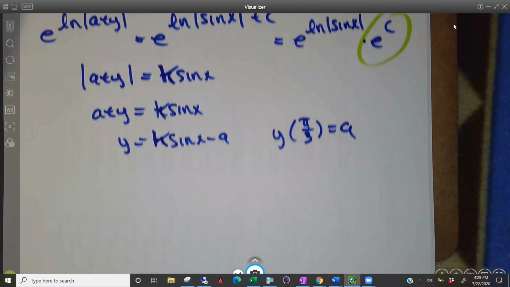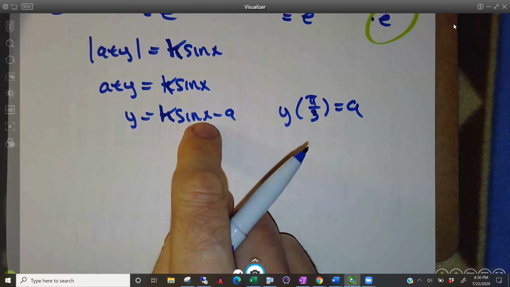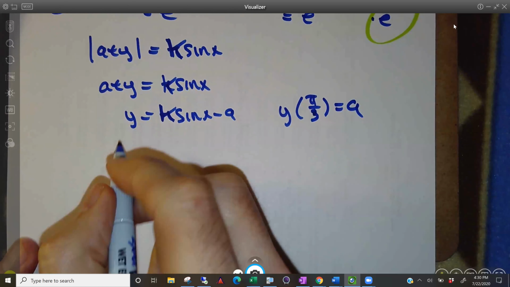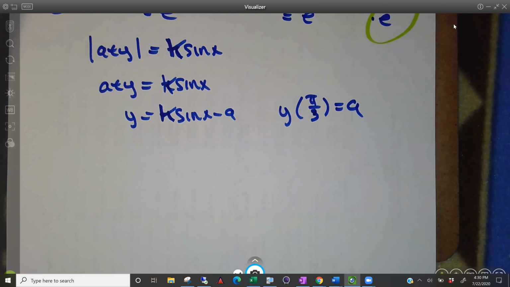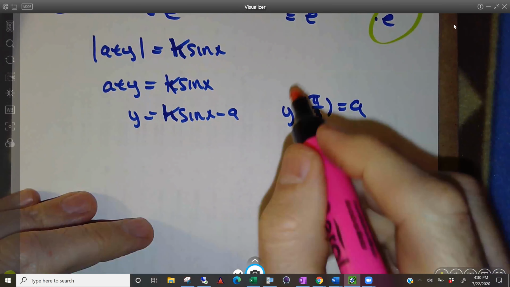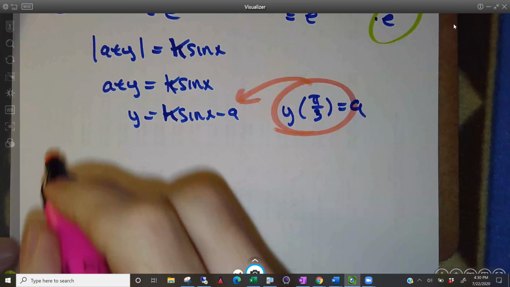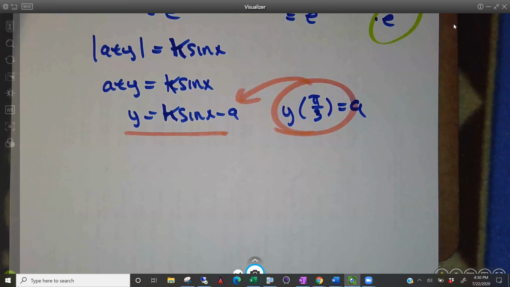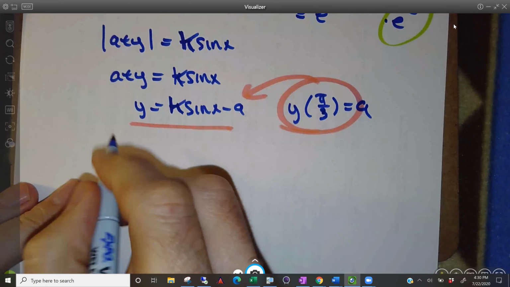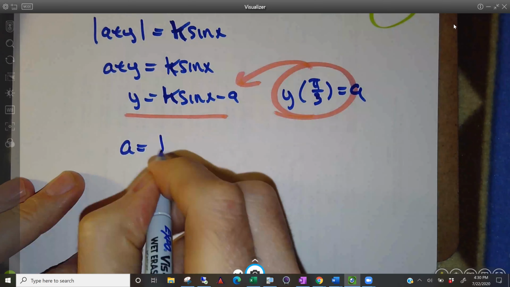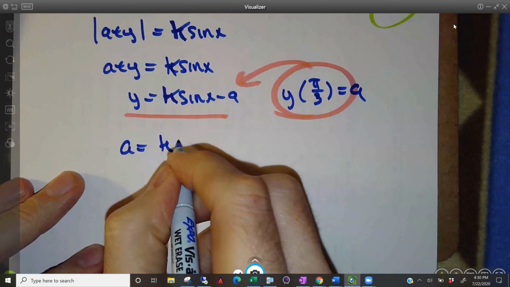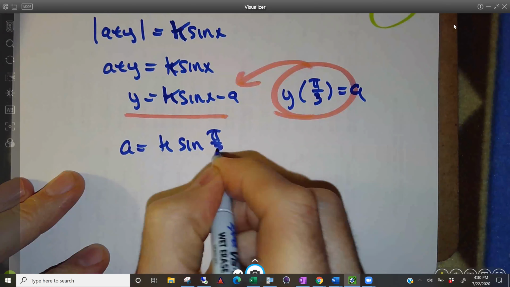So that means if I put in pi over 3 for x, I'll get a for y. So let's try that out. Plug this into here and see what we get. So it's going to be a equals k times sine of pi over 3 minus a.